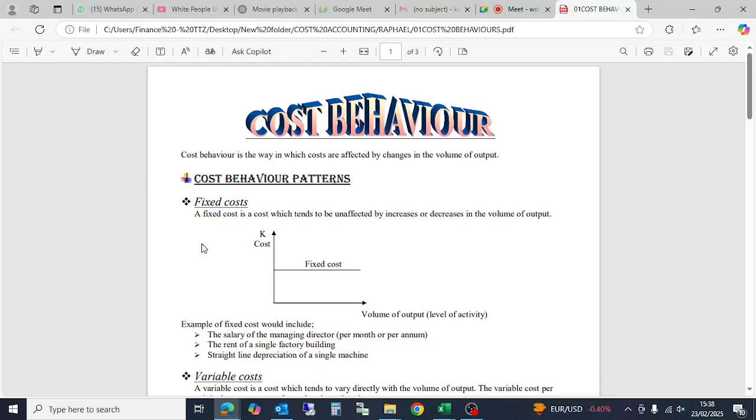Maybe the room that you get from a different person might be 20,000. Yes, sir. So that also will change, meaning rentals are no longer just considered as fixed, because it can contain two components.